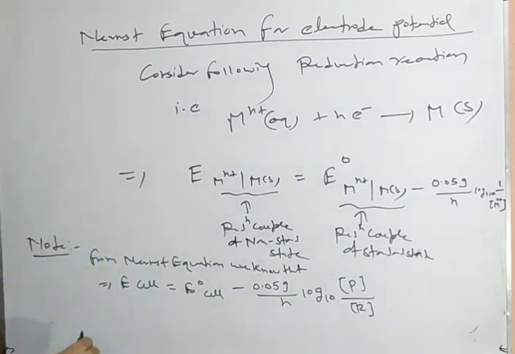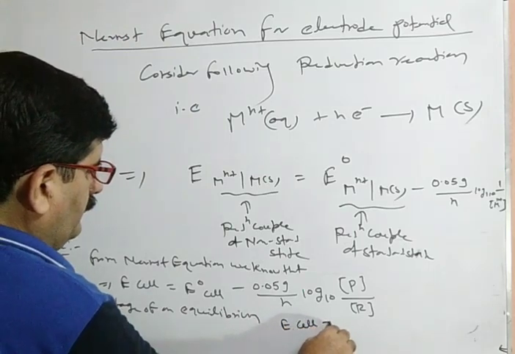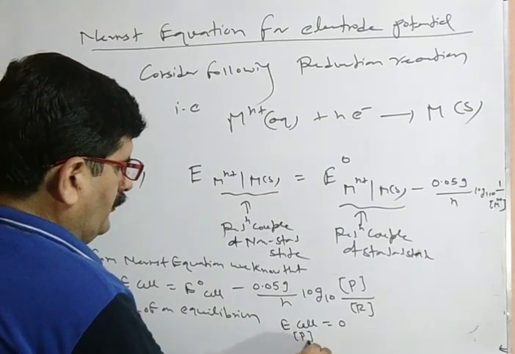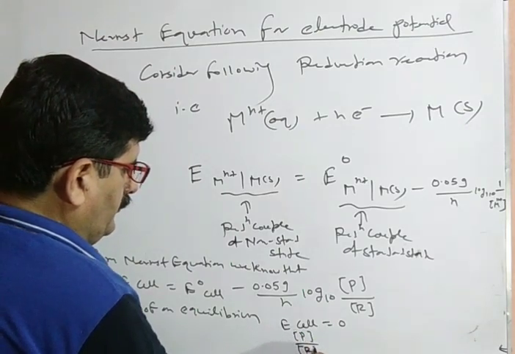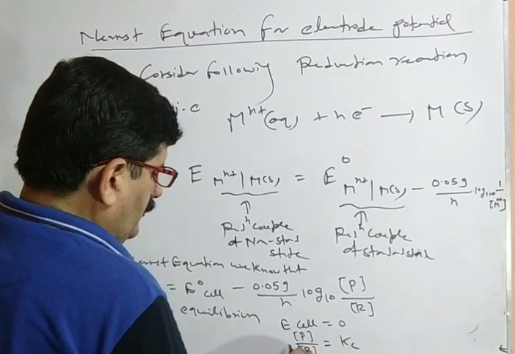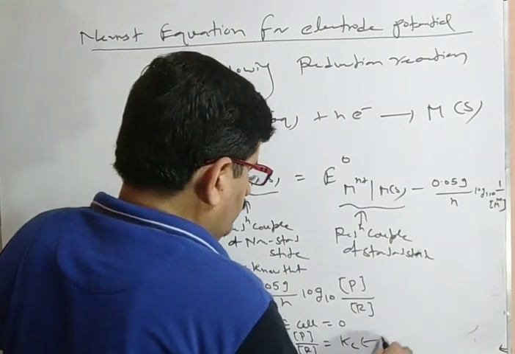At the stage of equilibrium, E cell is equal to 0 and the concentration of product by concentration of reactant ratio is equal to what? Kc or Kp, known as the equilibrium constant.